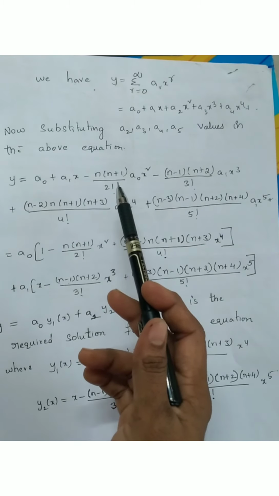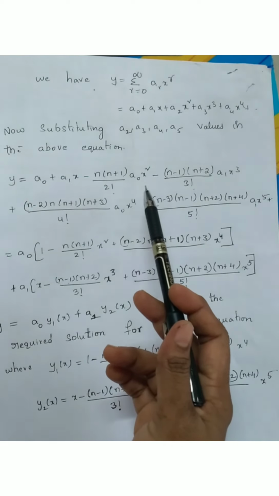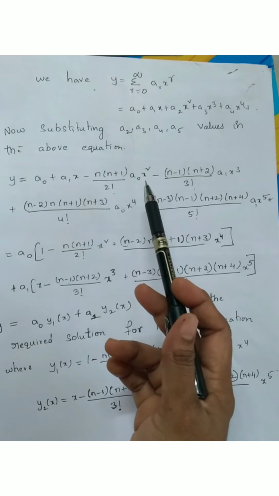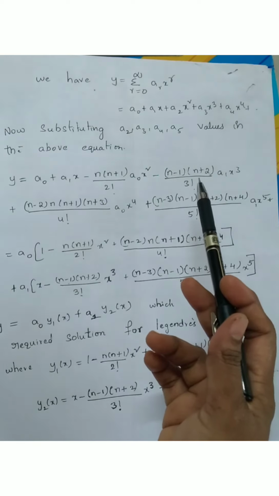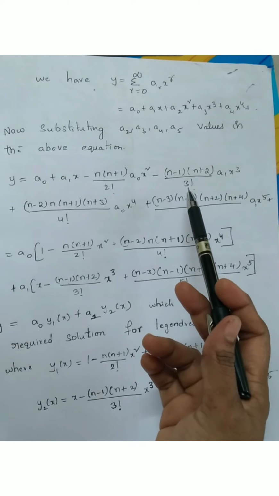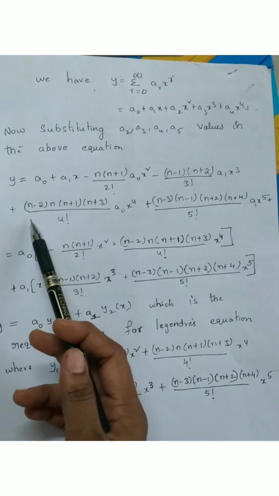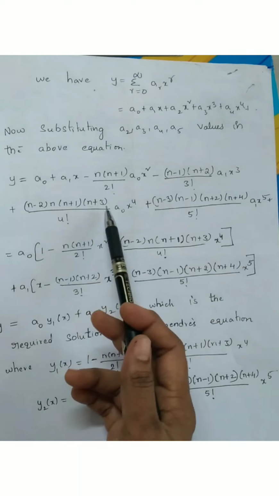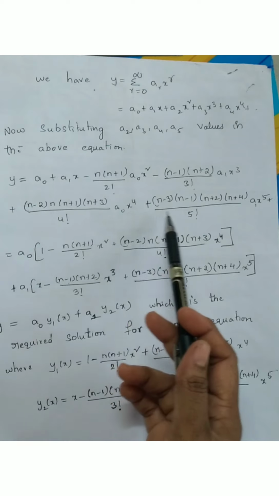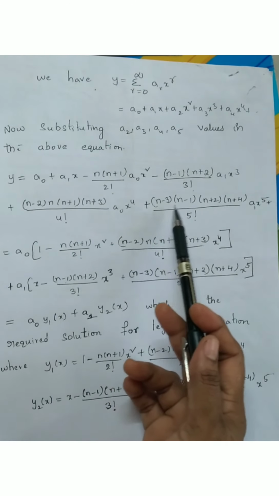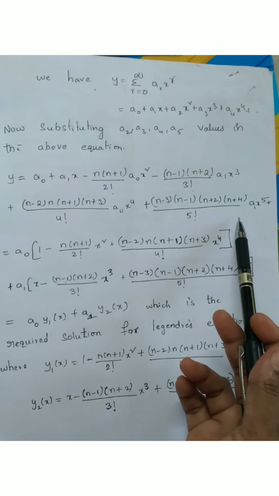a2 means -n(n+1)/2! a0 into x squared. a3 means -(n-1)(n+2)/3! a1 x cubed. a4 means (n-2)(n+1)(n+3)a0/4!, plus a5 means (n-3)(n-1)(n+2)(n+4)a1/5!.